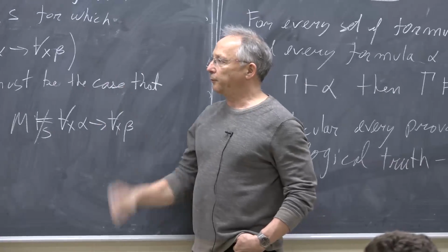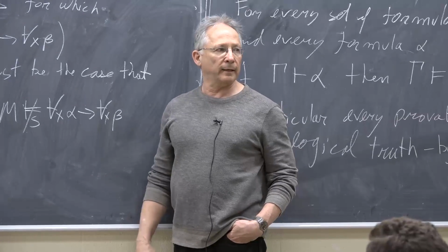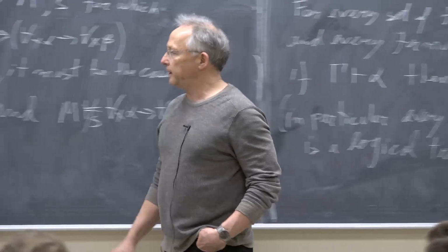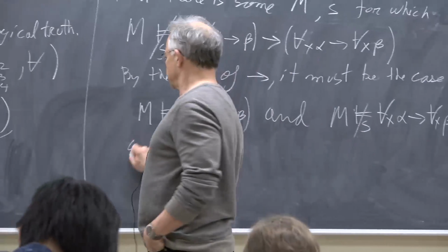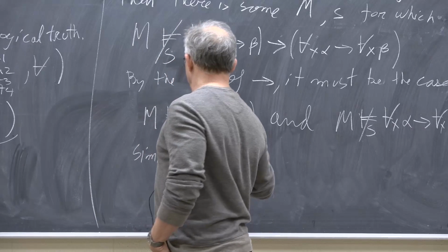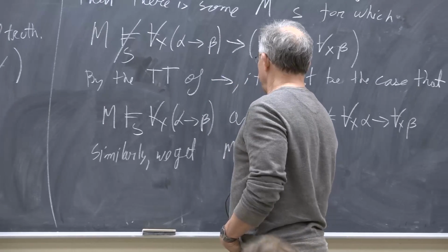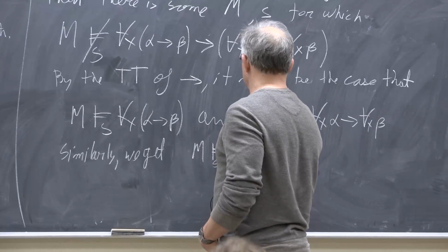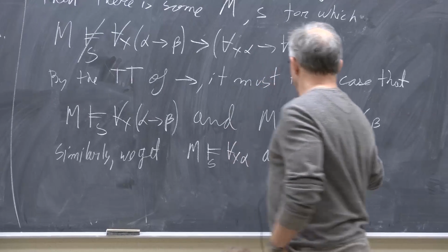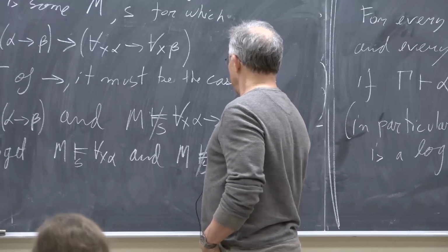If an implication fails, it must be the case that the head holds and the tail fails. Similarly, we get for this structure M under S satisfies for all x alpha, and M under S does not satisfy for all x beta.